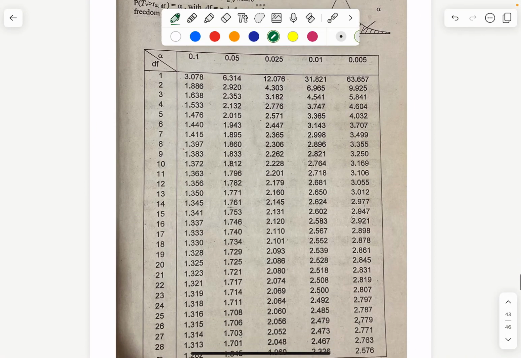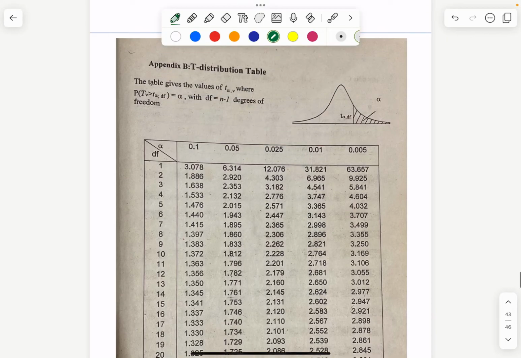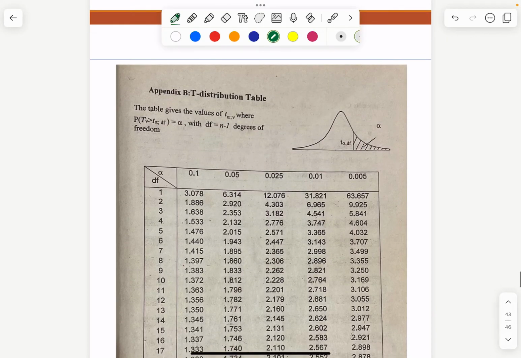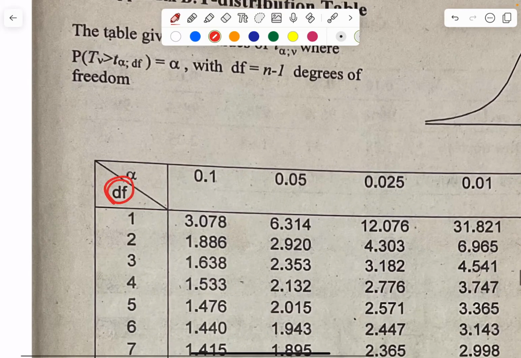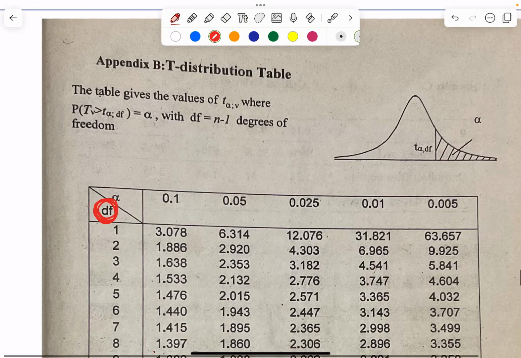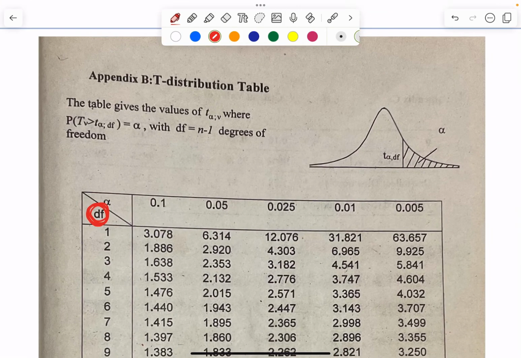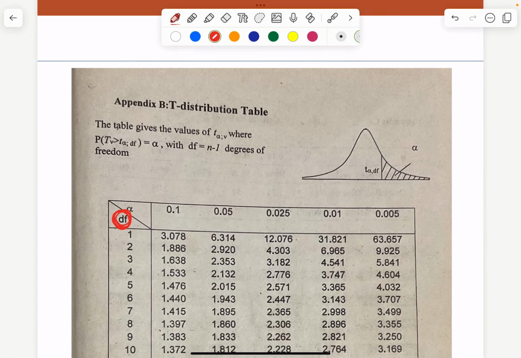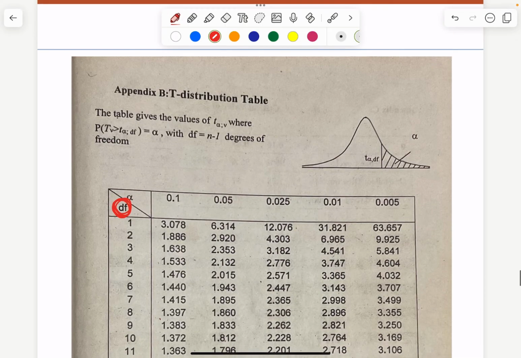This one, the long table. And as you can see in the table, we have the DF. So this DF is the only thing that changed from the z-test to the t-test. It is different in finding the z-critical.